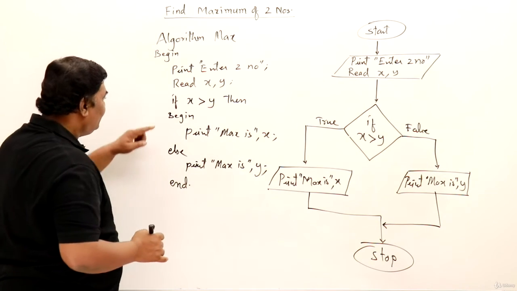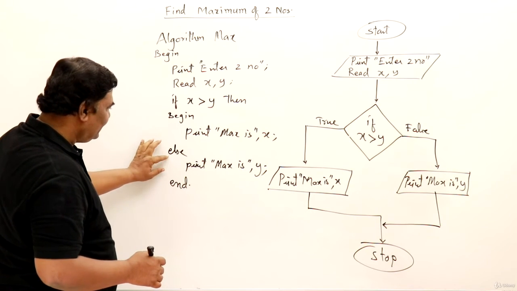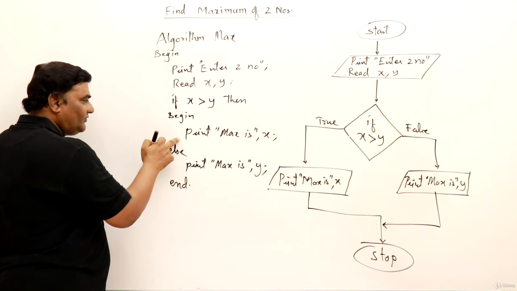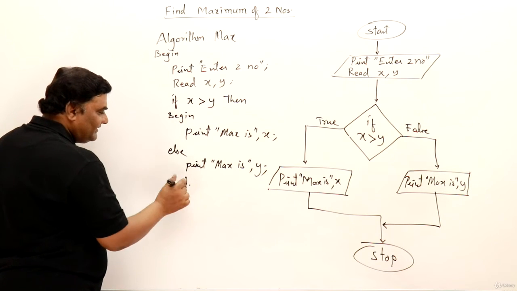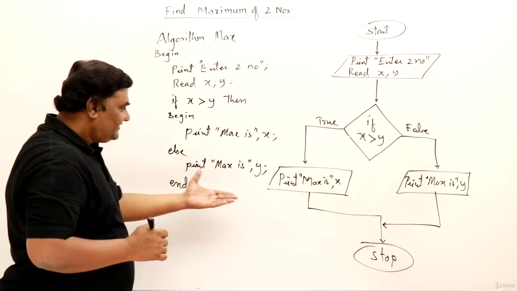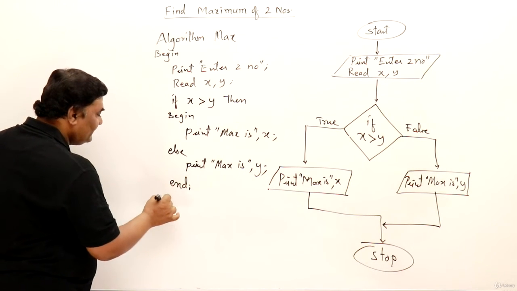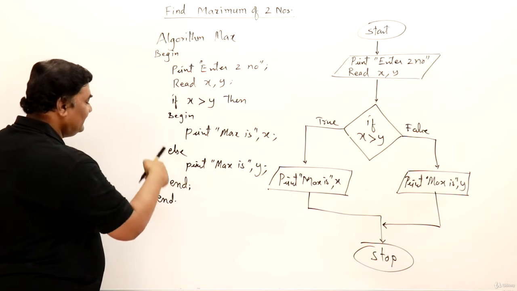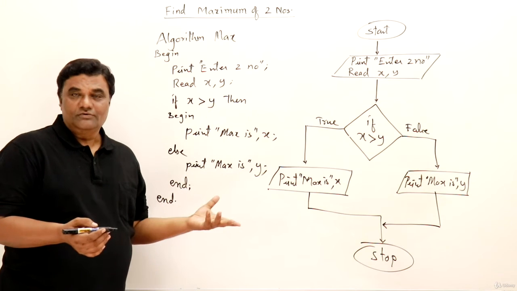So from here if has started and if has ended here. So inside that only else is also there. Whatever is there before else, that comes under if. After else, this belongs to the else part, right? Then after this there is nothing, end of a program. So simply write end here, that begin and ends here. So this is an algorithm written using pseudocode.